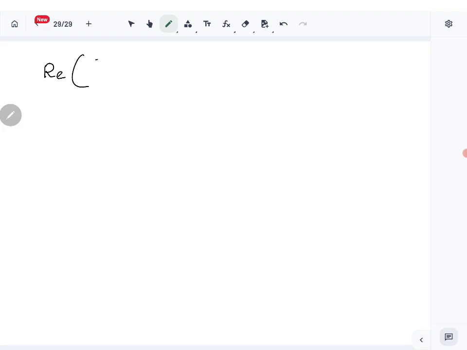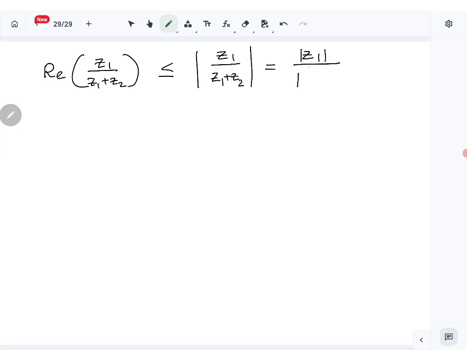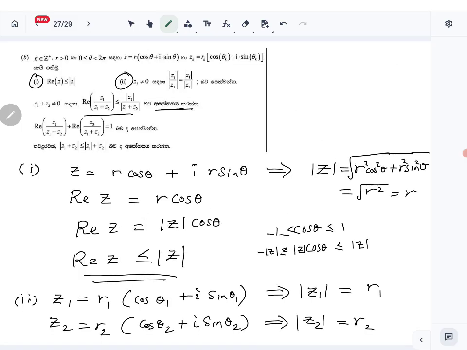Real Z1 over Z1 plus Z2, using the first result, is going to be what? This one, less than or equal to the modulus, no? Then using the second result, we can break this into what? Modulus of Z1 over modulus of Z1 plus Z2. So we have the result we were looking for, right?